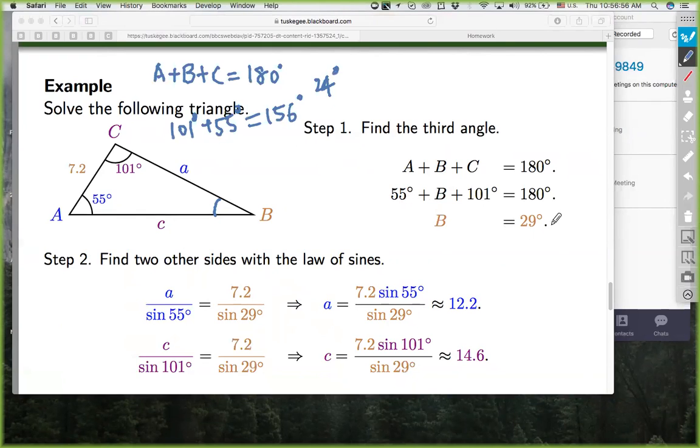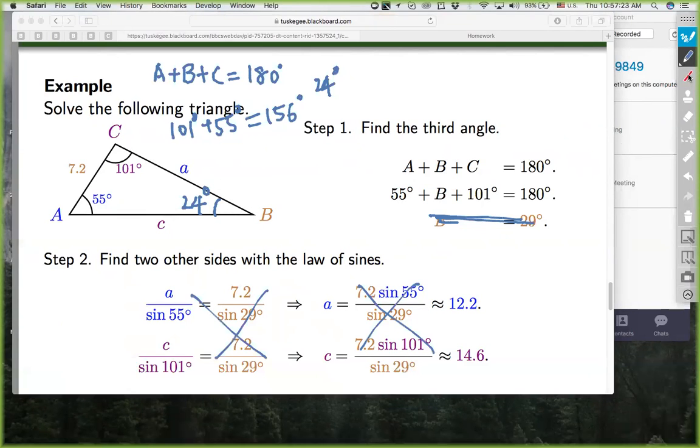So this answer right here is wrong. Sorry about that. We'll work this out again. So B is 24 degrees. Okay. And then we have to find the length a and length c. So let's do a first.